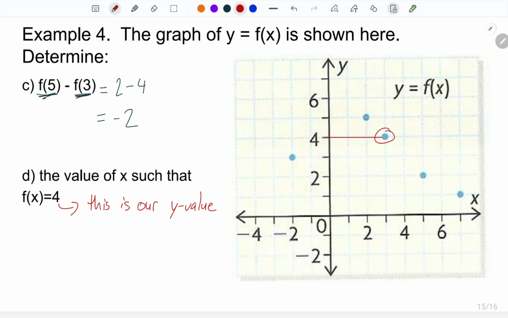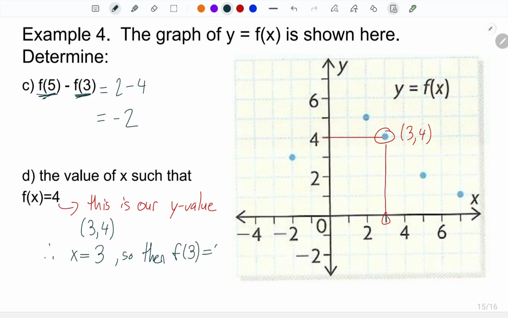That's what we're starting with. And then what's the x value? Well, the x value is going down. It's just 3. So that is the point 3, 4. Which means x is equal to 3. So then f of 3 is equal to 4, which is what we want.